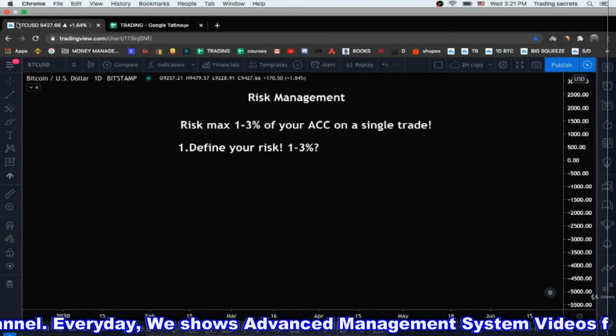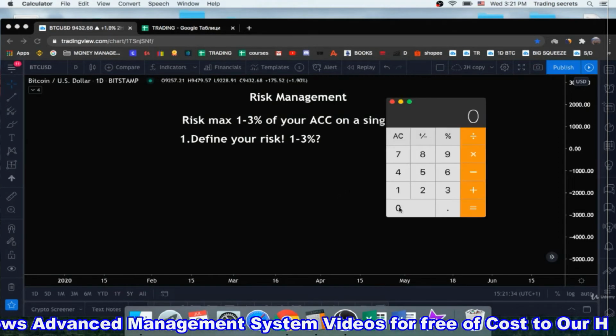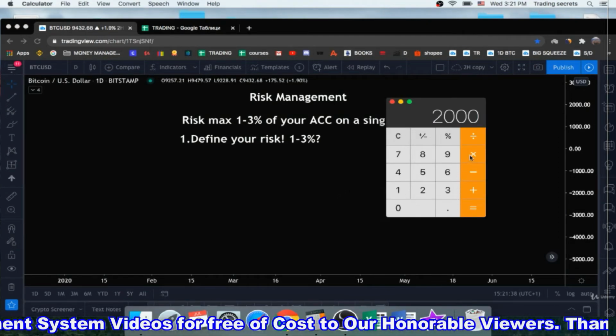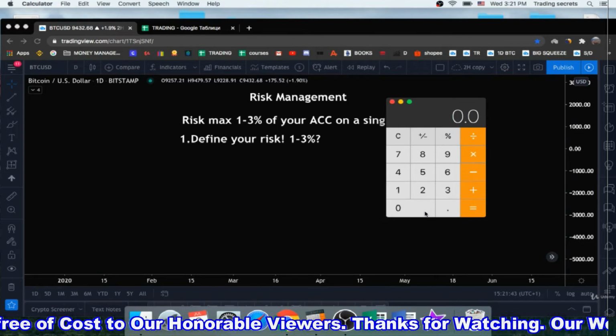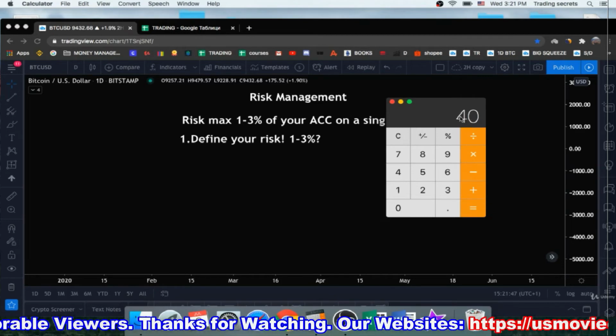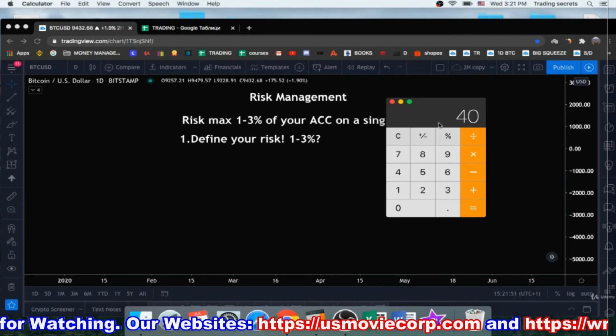If you don't really know how to calculate it, simply multiply the size of your account. Let's say that you are trading on a $2,000 account by 0.02, which is $40. So your risk is going to be $40. This is how you are going to define your risk.